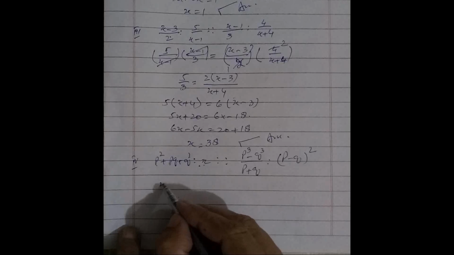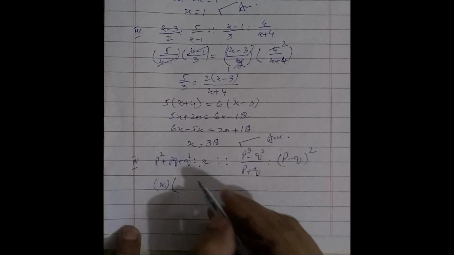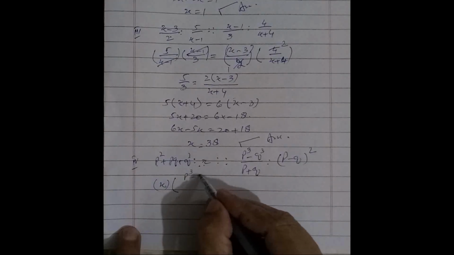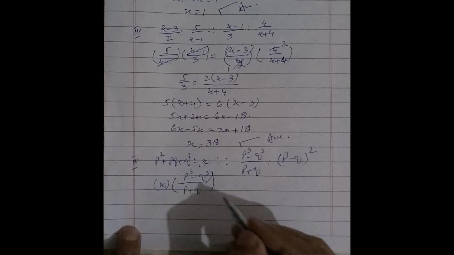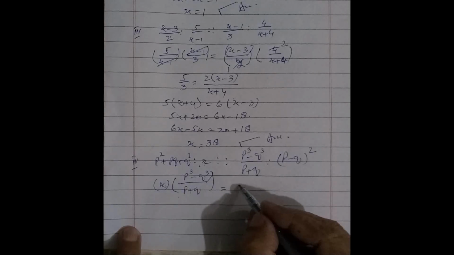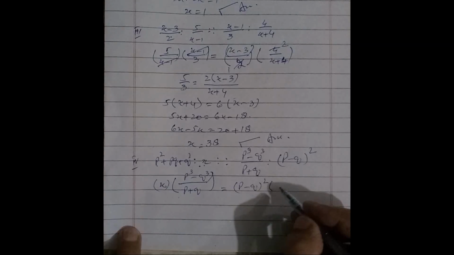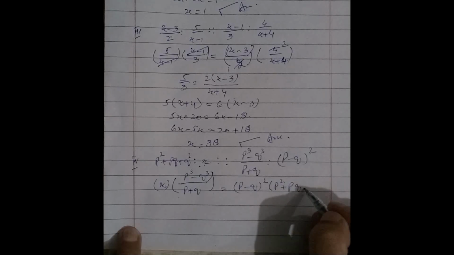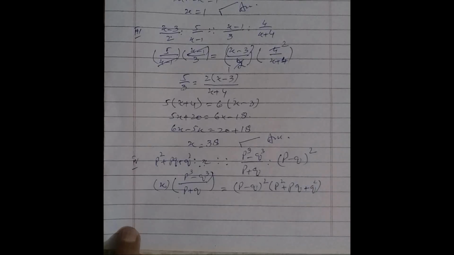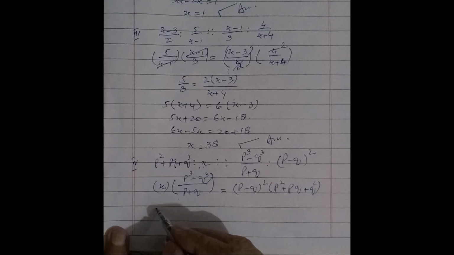We get x times (p cube minus q cube) over (p plus q) is equal to (p minus q) whole square times (p square plus pq plus q square). And now we find the value of x.